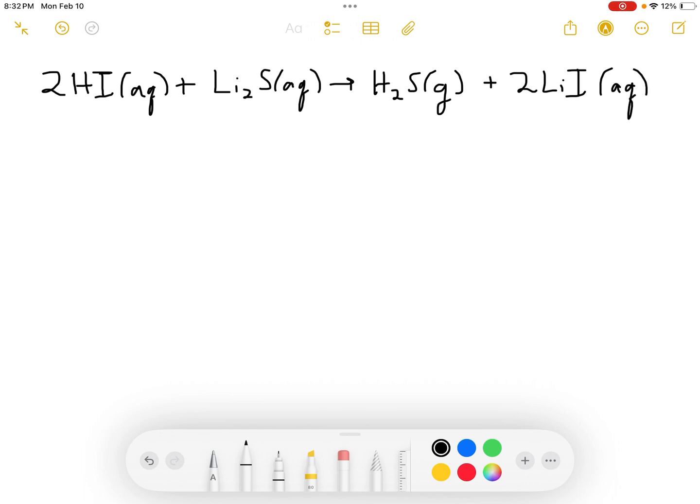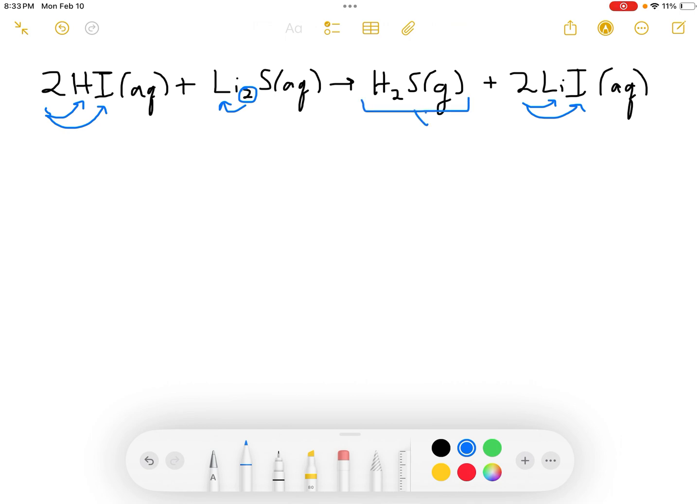Now, if we want to write the complete ionic equation for this, we're going to have to be careful in breaking up our ions. So, this 2, that is a coefficient, applies to both the hydrogen and the iodine. Same here. We have 2 lithiums and 2 iodides. But the 2 that is a subscript here only applies to the lithium.